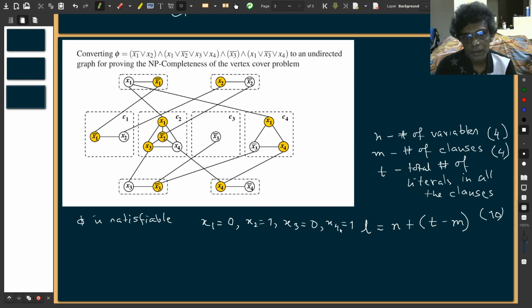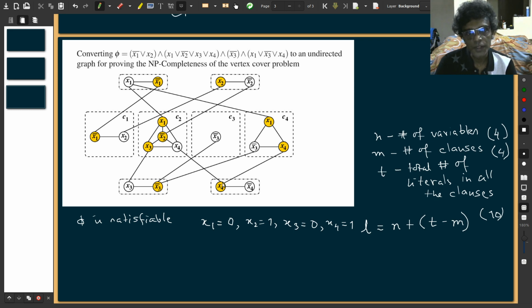If that is the case, then there is no vertex in the vertex cover that covers this edge x4, x4. So the vertex that I excluded in each clause gadget must be connected to the vertex that I have taken in my vertex cover.